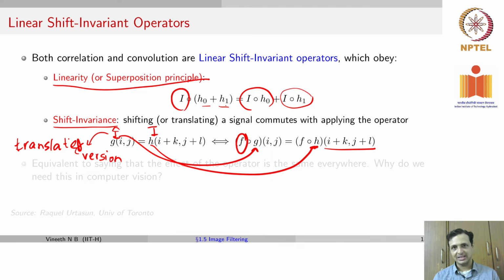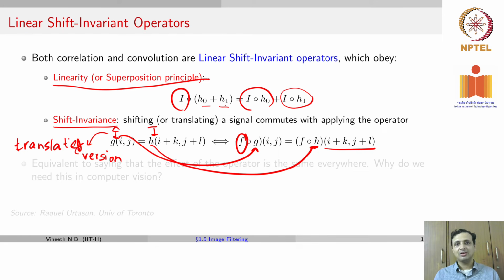What it tells us is, if you have a filter f and you apply it at a particular location of the input image, say at 1, 1 of that image matrix, it will have the same output as applying the same filter at 3, 3, provided these two regions have exactly the same intensity values.